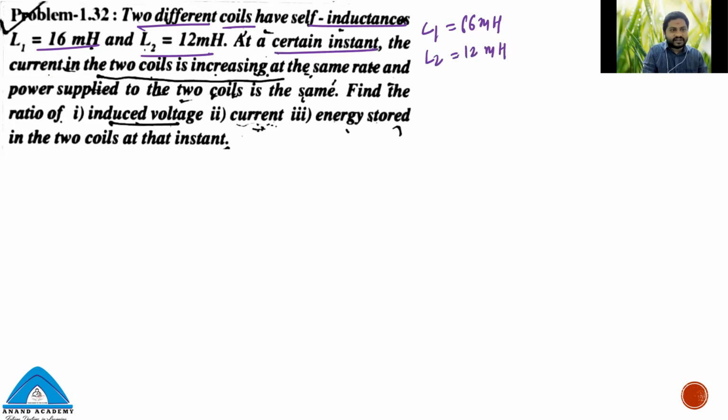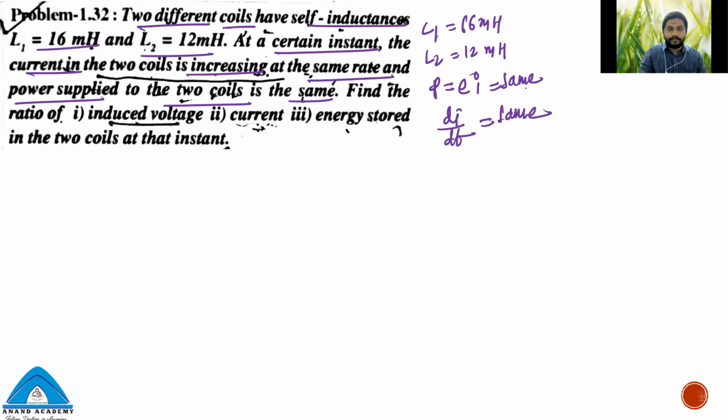At a certain instant, the current in the two coils is increasing at the same rate and the power supplied to the two coils is the same. What is power? It's E into I, and it's the same. And the rate of change of current, di by dt, is also the same.